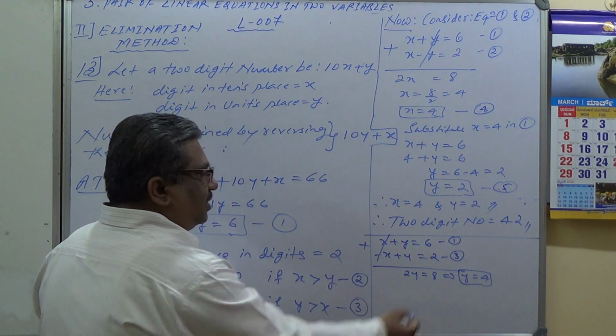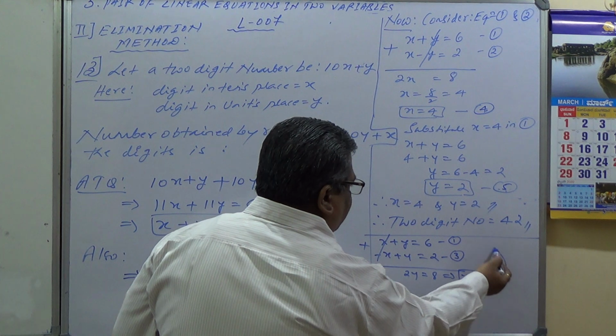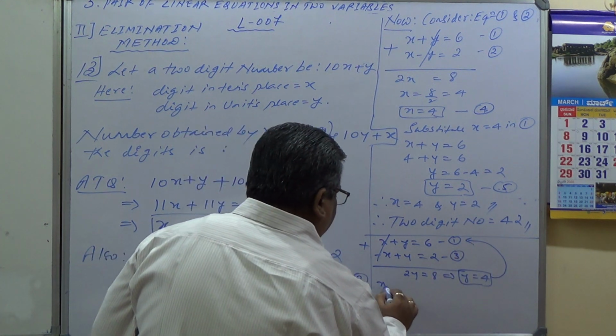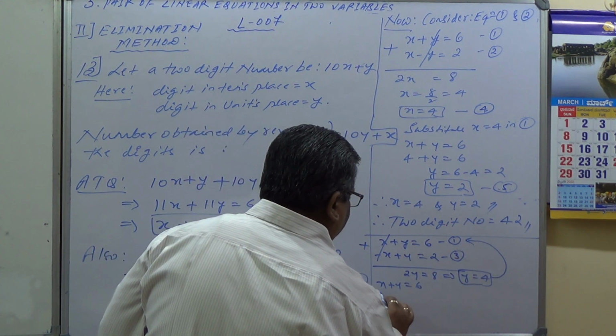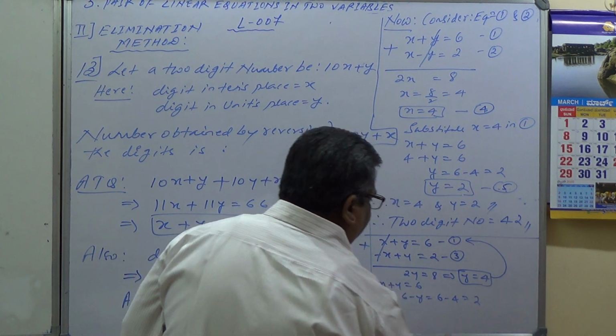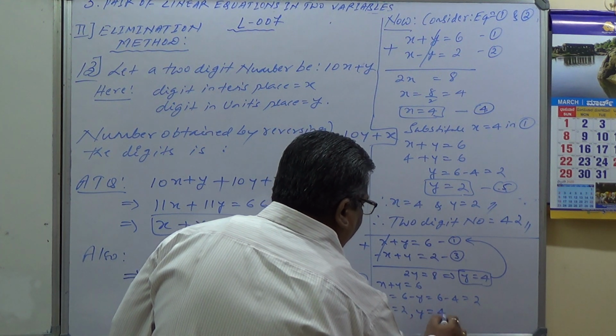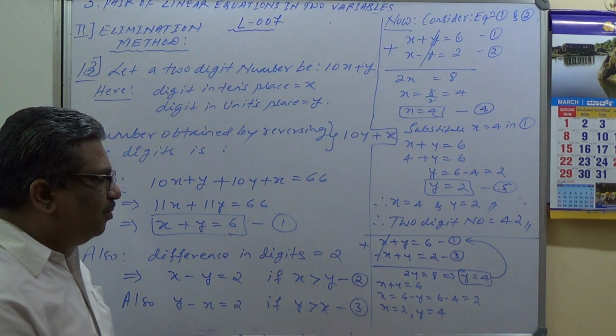Now substitute this y in one of these equations to get the value of x. Let me substitute this 4 in this equation. So x plus y equals 6. x equals 6 minus y equals 6 minus 4, which is equal to 2. Therefore, x is equal to 2 and y is equal to 4. In this case, what is the two-digit number?